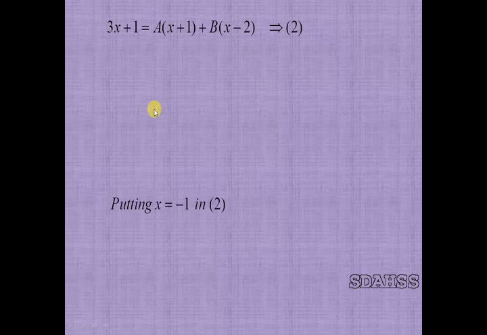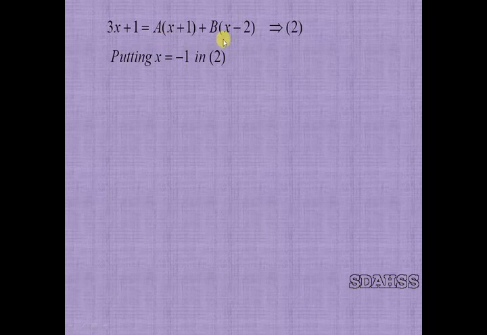Now substitute x is equal to -1 in equation 2. Then you have 3 into -1, which is -3, plus 1 is equal to, if you substitute x is equal to -1, the first term vanishes: (-1 + 1) is 0, 0 into A, plus B times (-1 - 2), which is -3B.